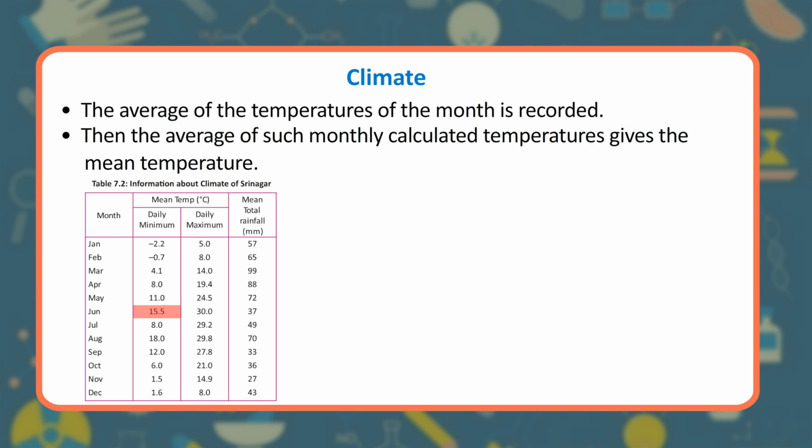June: 15.5, 30.0, 37. July: 8.0, 29.2, 49. August: 18.0, 29.8, 70. September: 12.0, 27.8, 33. October: 6.0, 21.0, 36. November: 1.5, 14.9, 27. December: 1.6, 8.0, 43.